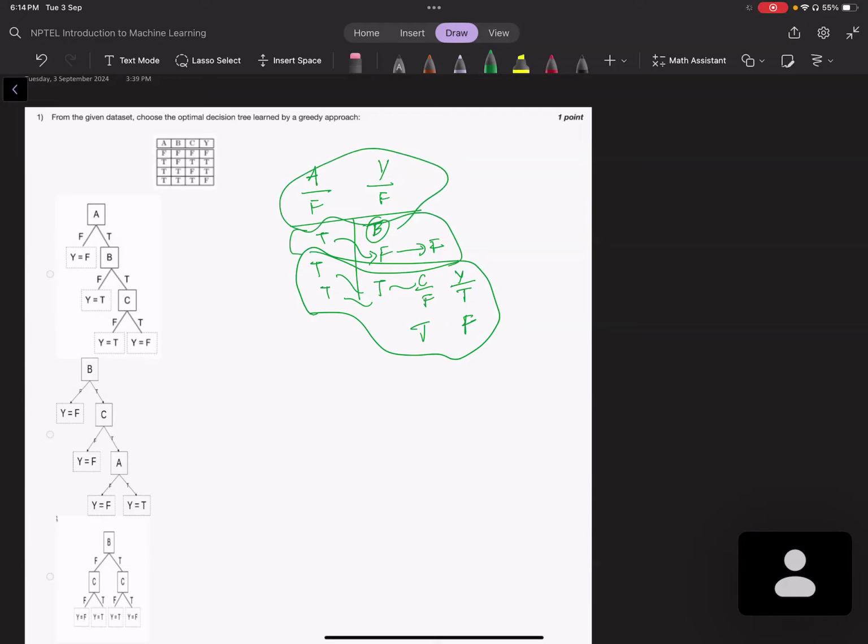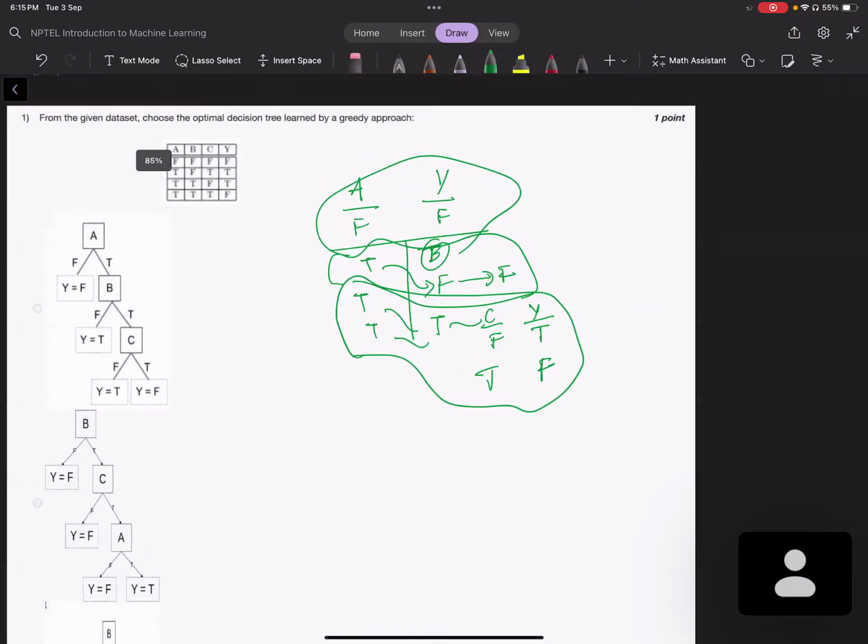Is there any answers? No. Yes. So as you can see, this is the data set.